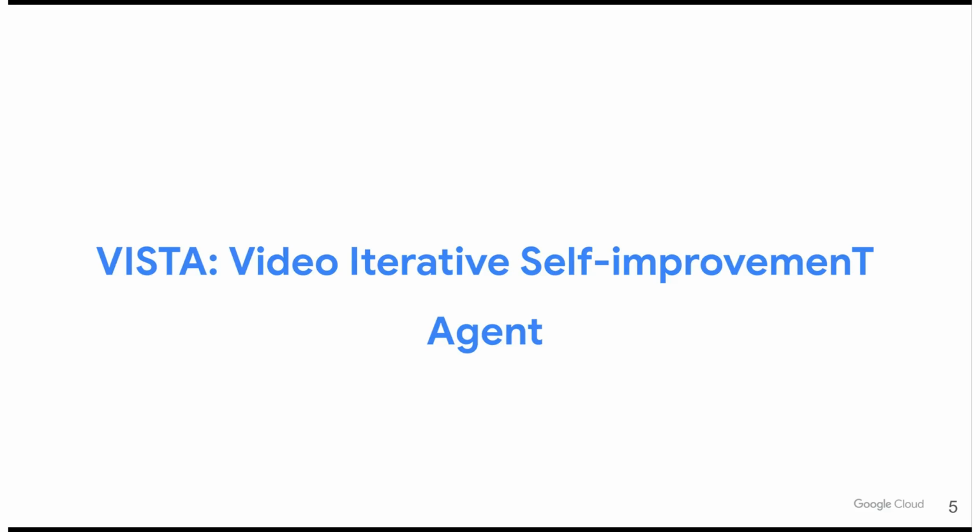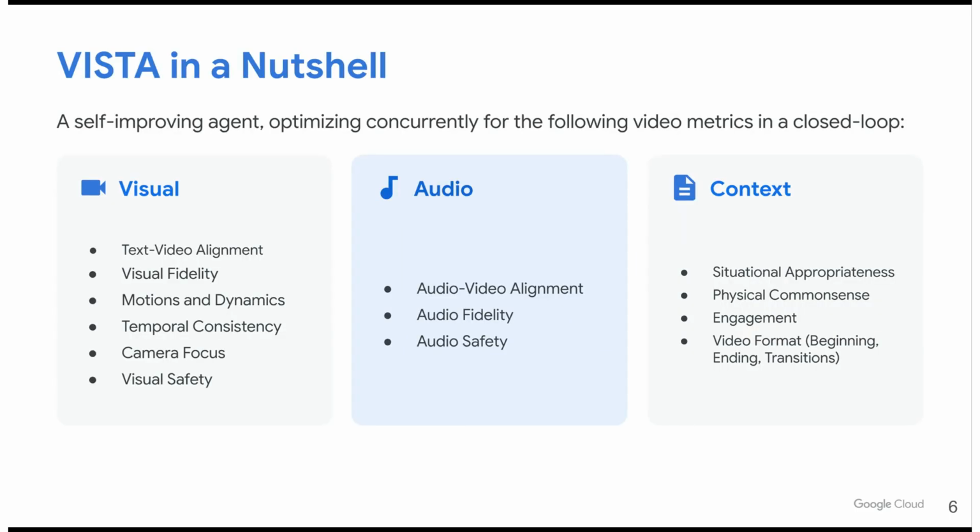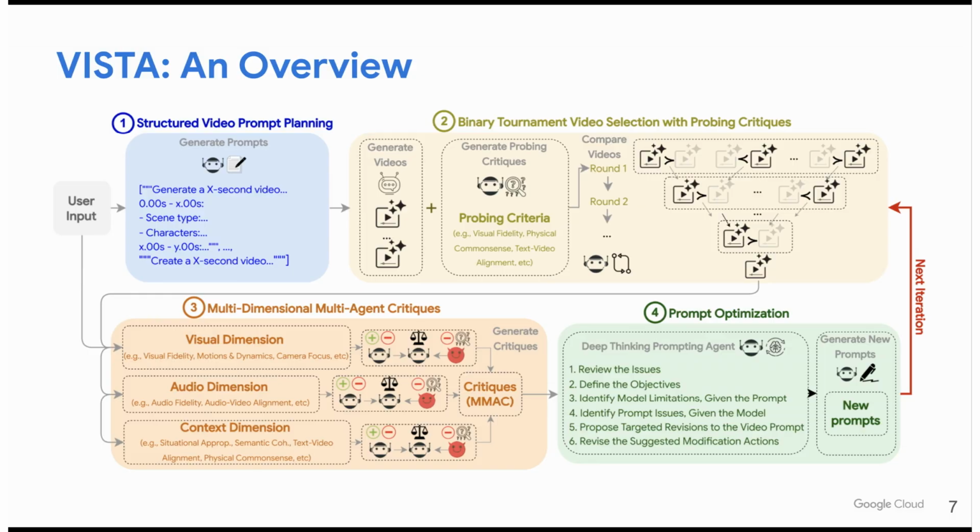So let's dive into our work, VISTA, which stands for Video Interactive Self-Improvement Agent. In a nutshell, VISTA concurrently optimizes videos across three major categories in a closed loop: visual, audio, and context. Here is a high-level overview of our system, which we'll now break down step by step.